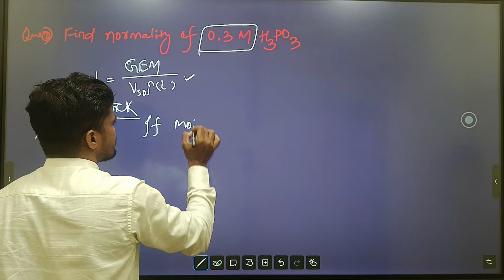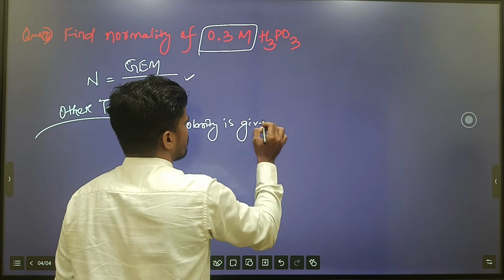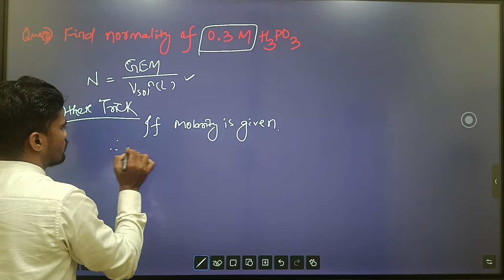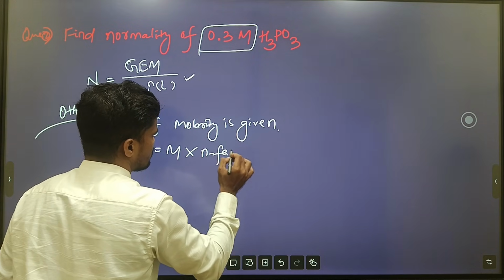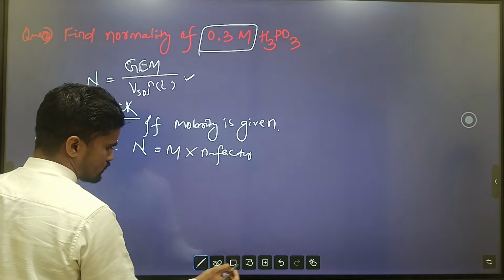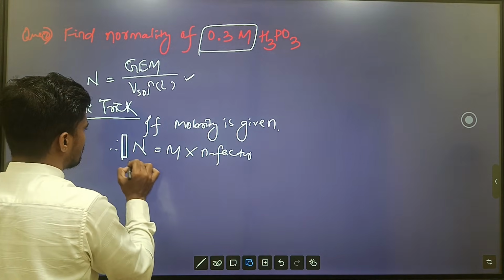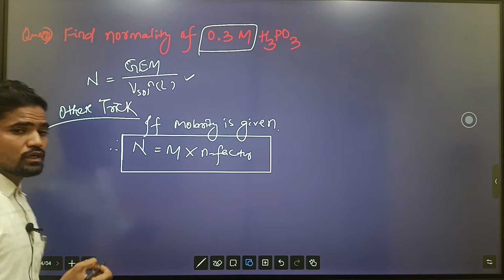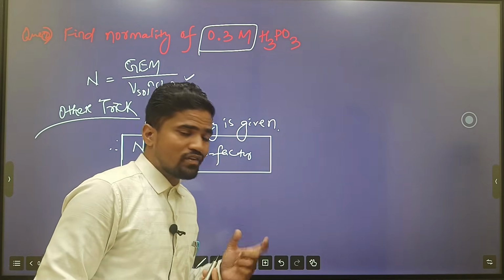If molarity is given, then normality is equal to molarity into n factor. So this is the direct formula to find normality if molarity is given. But we should know how to find the n factor or valence factor.